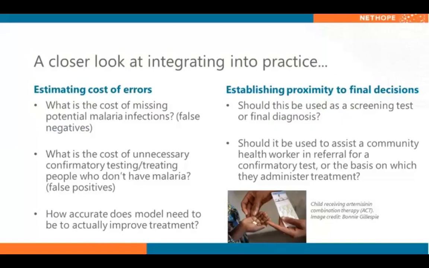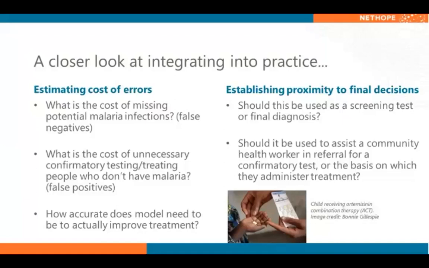Will people ultimately end up being misdiagnosed and mistreated? If I get this wrong with a false negative, and I've misdiagnosed someone as not having malaria, is there a high cost of that person potentially missing a malaria infection, versus the cost of having false positives? Also, what are the consequences of changing the procedures that are in place for diagnosing malaria?